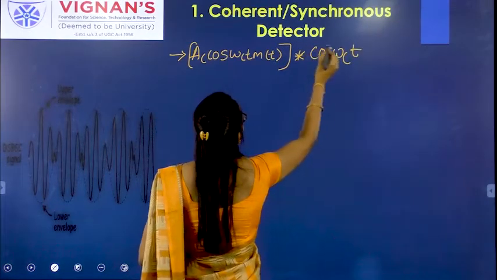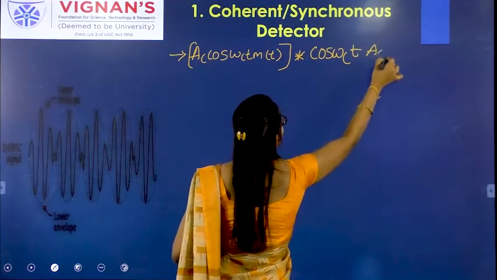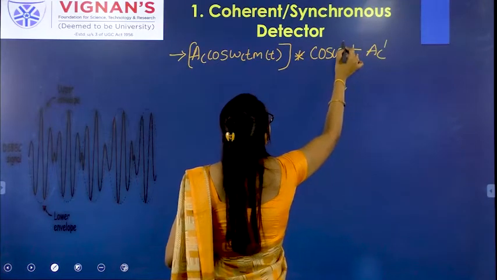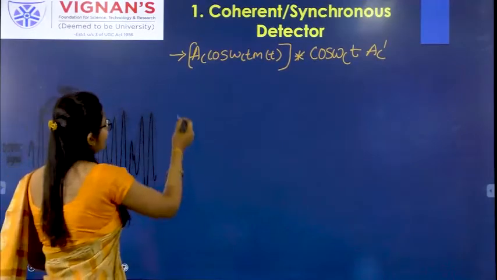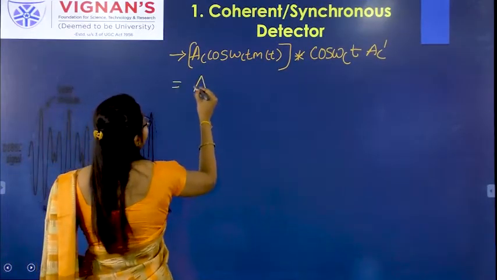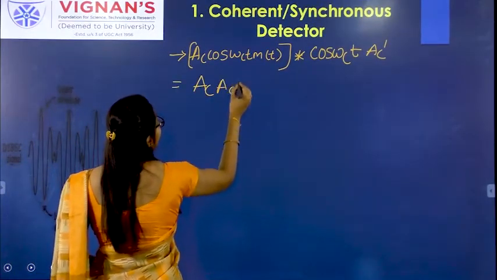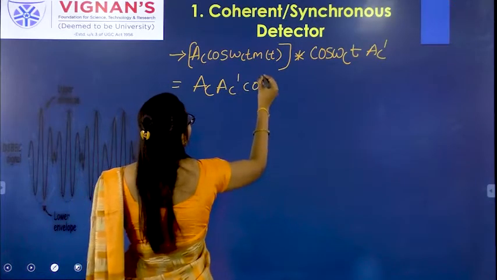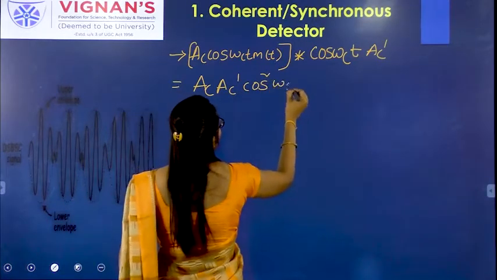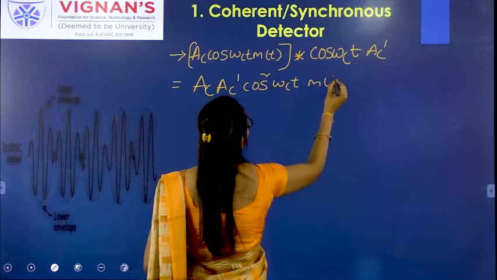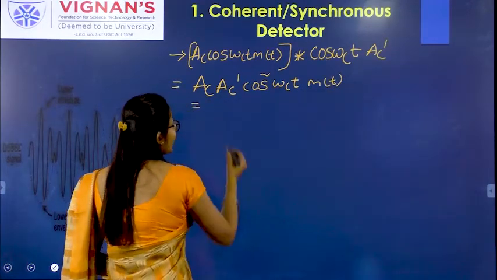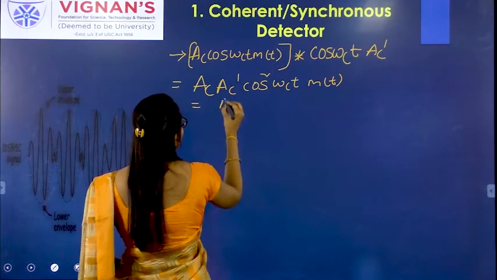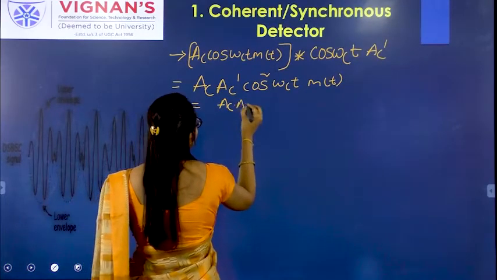So I am writing here Ac dash. So finally Ac dash cos square omega ct into m of t you will get. And cos square theta means 1 plus cos 2 theta divided by 2.